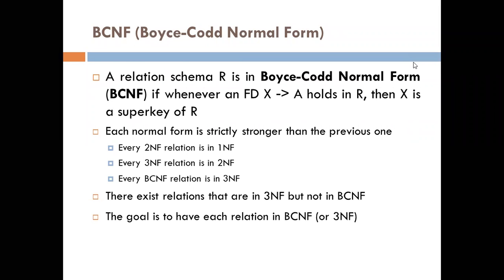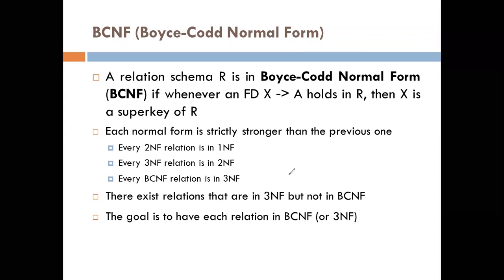So each normal form we discussed is stricter and stronger than the previous one. To be in second normal form, the relation should be in first normal form. To be in third normal form, the relation should be in second normal form. To be in BCNF, the relation should be in third normal form.